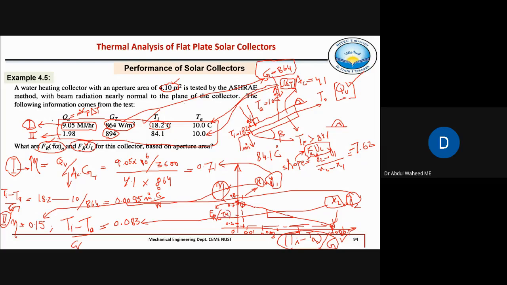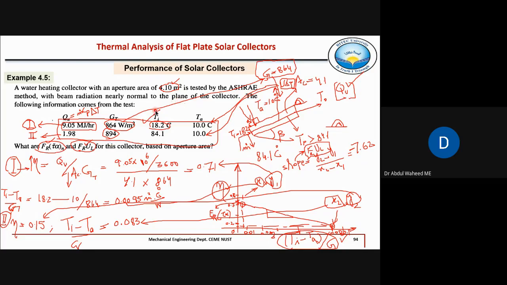When Ti minus Ta is equal to 0, this point. Ti minus Ta is exactly 0. It means there will be no heat loss, so only optical losses. So how do we calculate this intercept from the equation of this straight line?